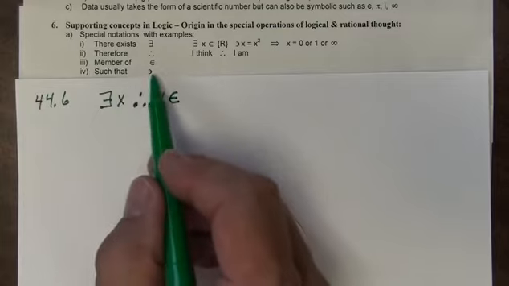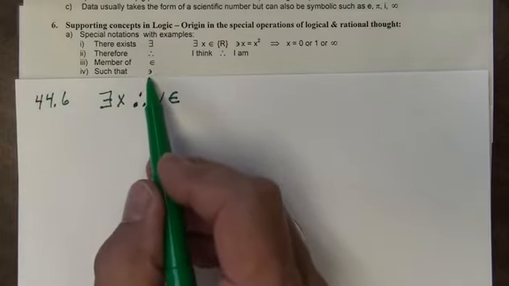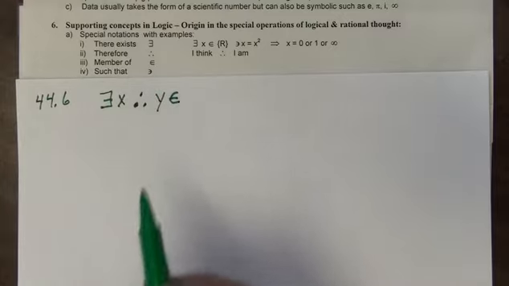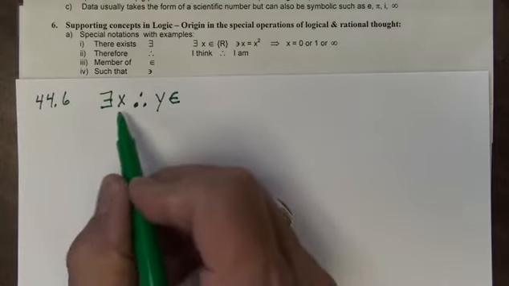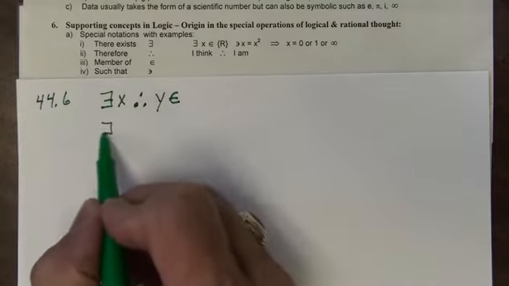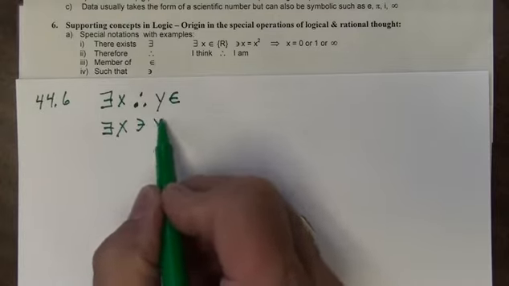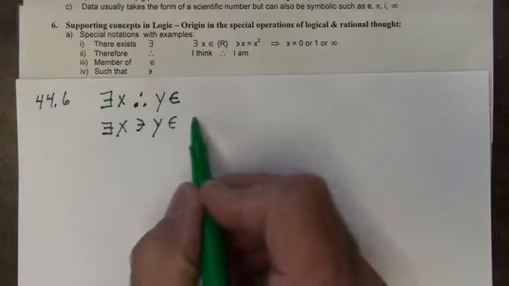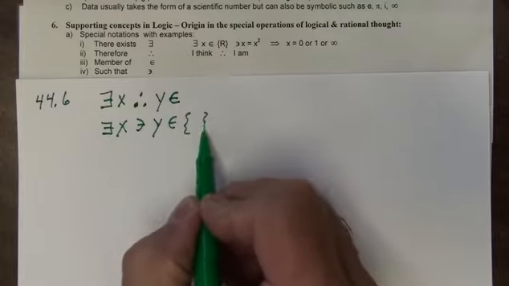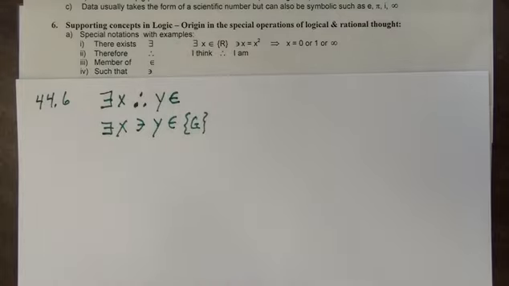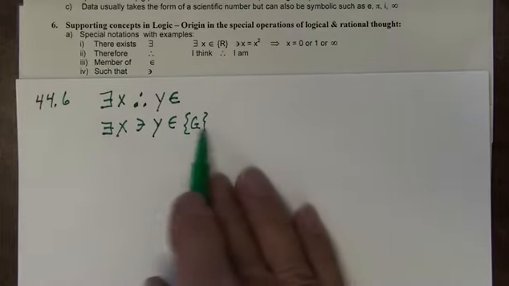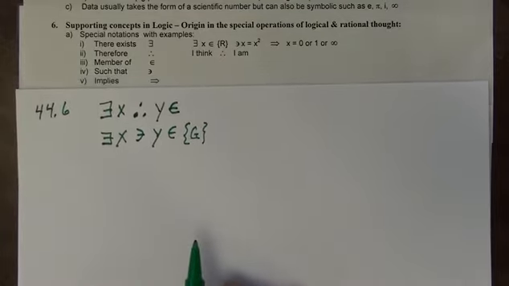And then we can use the other symbol, which is almost backwards from that, but slightly different. It means such that. We could write, there exists an X such that Y is a member of the set G. And it becomes a very succinct type of notation.